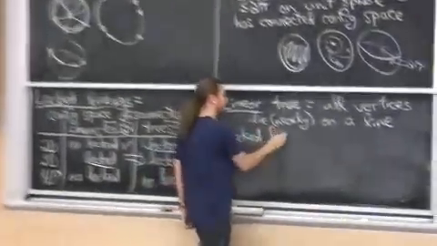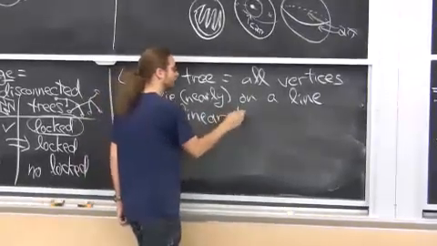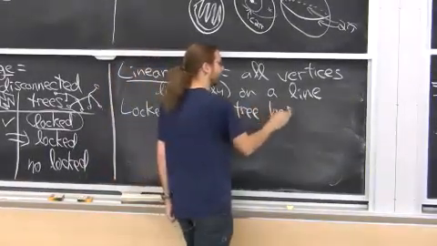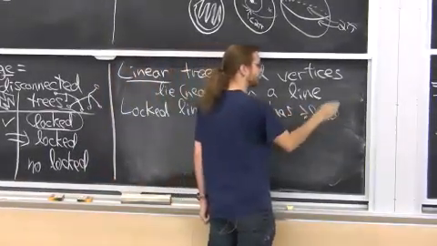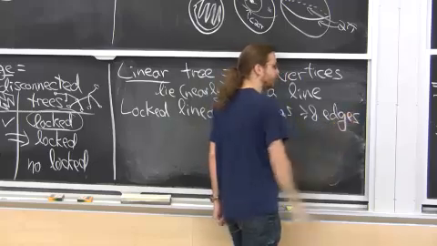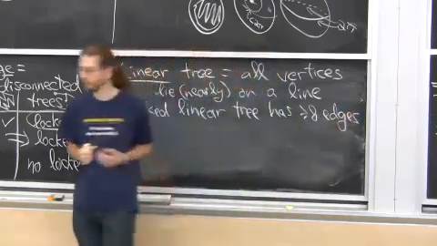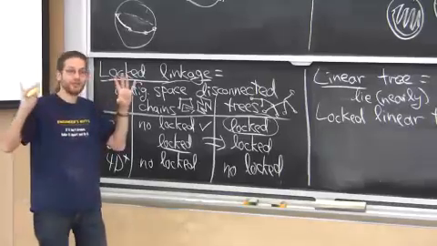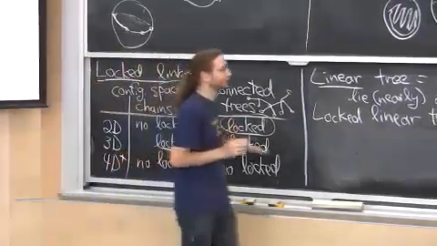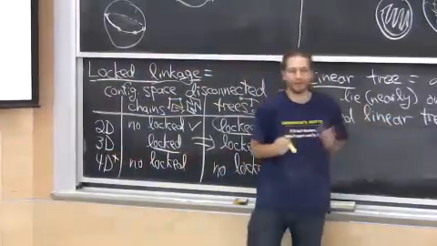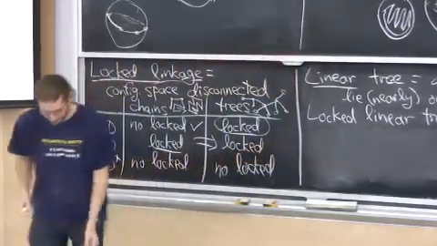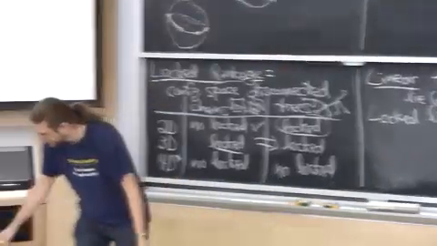A locked linear tree has at least 8 edges. So at least among linear locked trees, that example is optimal. But maybe you could use the second dimension to do something better than 8 edges, but I don't think so. That's an open problem.